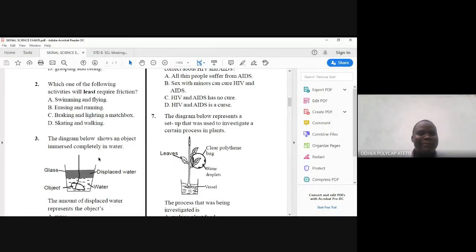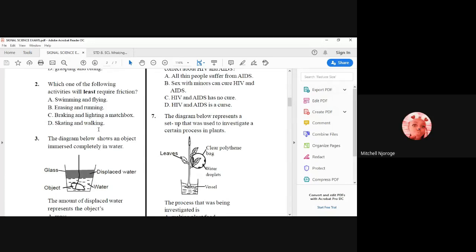Michelle, number 2. Which one of the following activities will least require friction? A. Swimming and flying. B. Racing and running. C. Braking and lighting a matchbox. And D. Skating and walking.